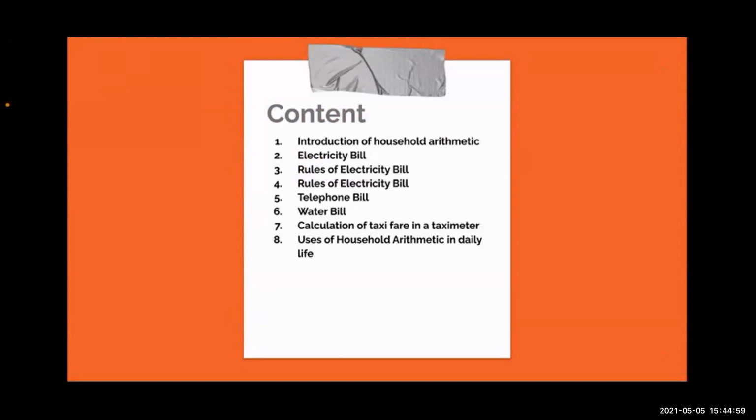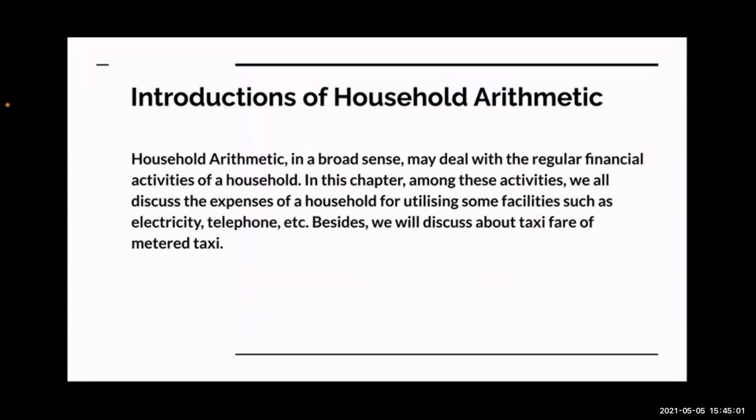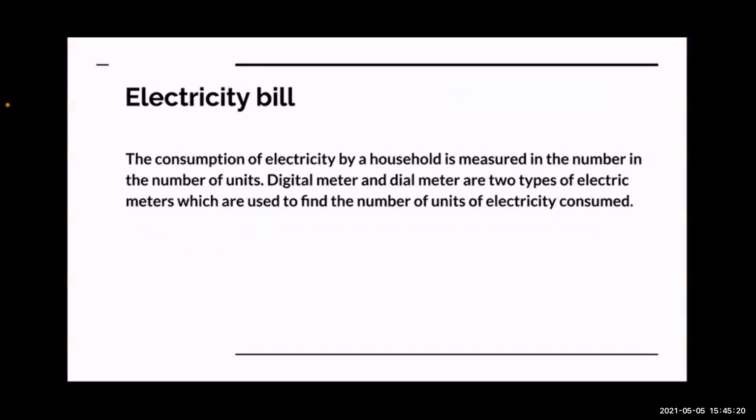Household arithmetic in a broad sense may deal with the regular financial activities of a household. In this chapter, among these activities, we discuss the expenses of a household for utilizing some facilities such as electricity, telephone, etc. Besides, we will discuss taxi fare or off-meter taxi.